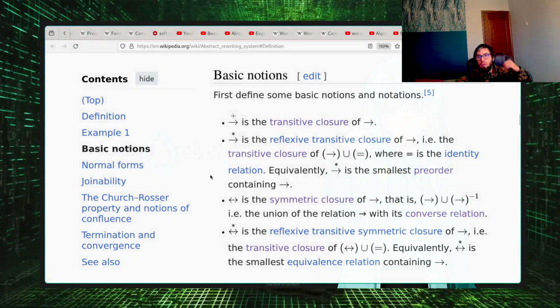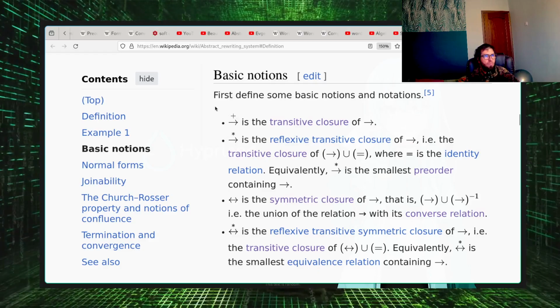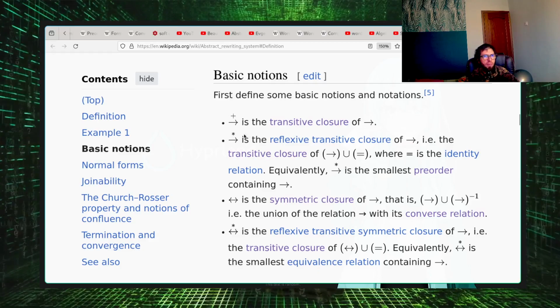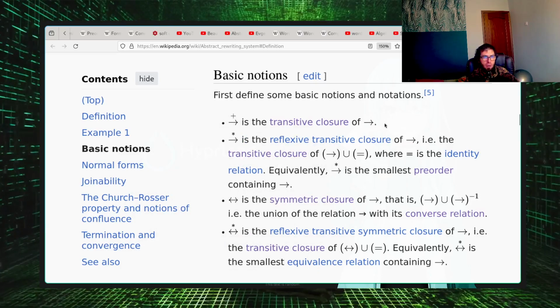Okay, let's provide some basic notions. First, they define some basic notions and notations. If they have this arrow with the plus, this means that they have the transitive closure of just arrow.